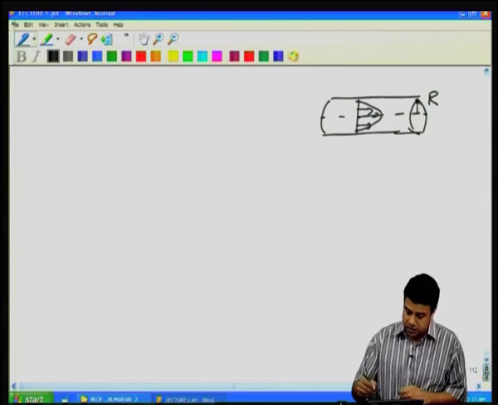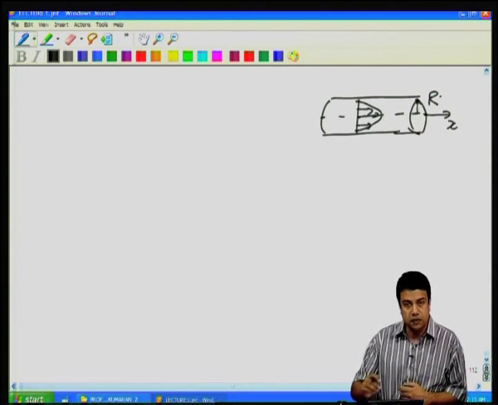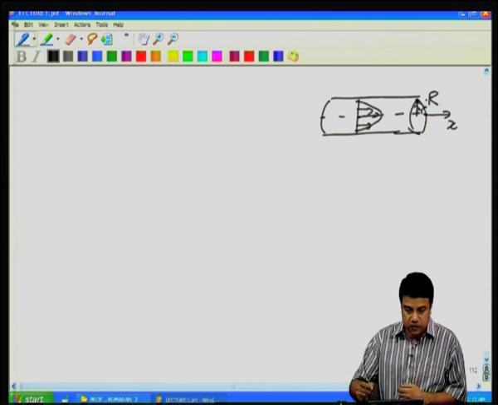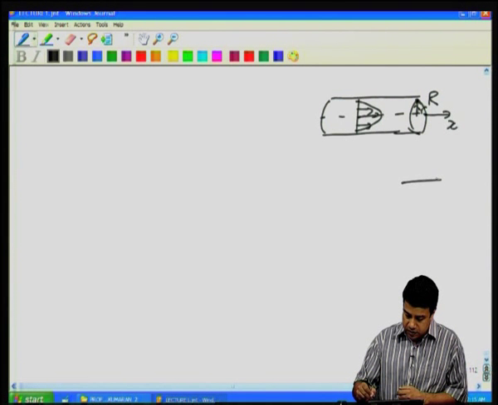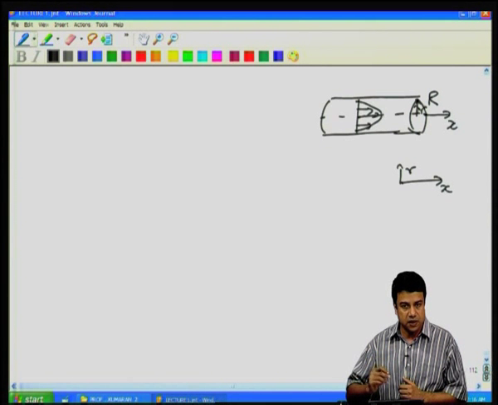In this particular case, we will assume a coordinate system where x is the streamwise coordinate and r is the radial coordinate. So, you have an r x coordinate system. r is the distance from the axis, cylindrical coordinate system, x is along the axis, phi is the angle around, the meridional angle.